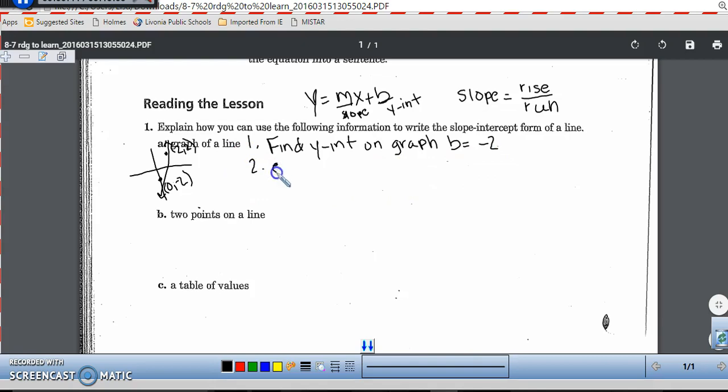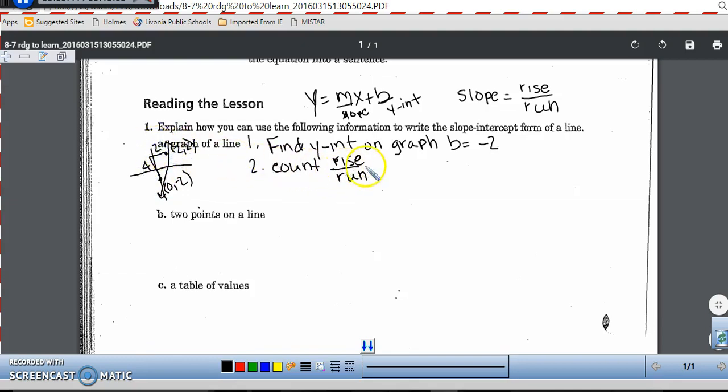Step 2 on here, I'm going to count the rise over the run. Okay, so that would be where you count up and over. So on this one, to go from -2, that'd be 1, 2, 3, 4 up to 2, and this one would go over 1, 2 to 2.